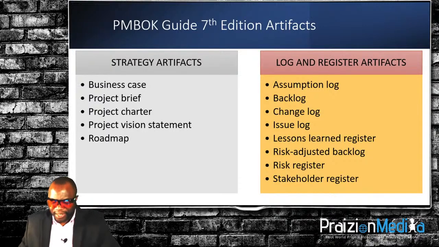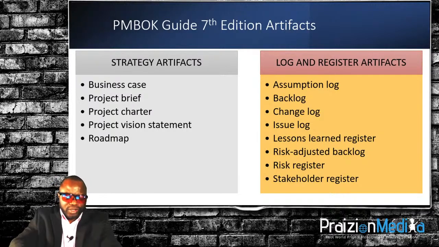Okay, so it reads here, lessons learned register is used to record knowledge gained during a project, phase, or iteration so that it can be used to improve. That's the key thing. You want to use it to improve future performance.